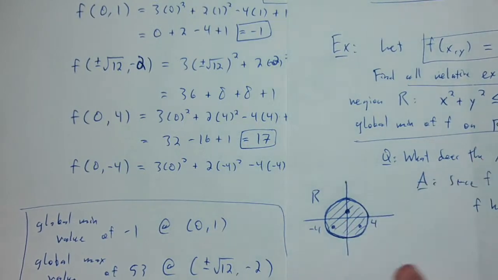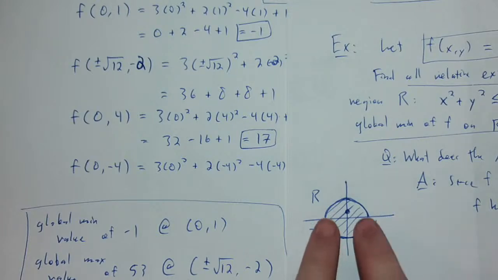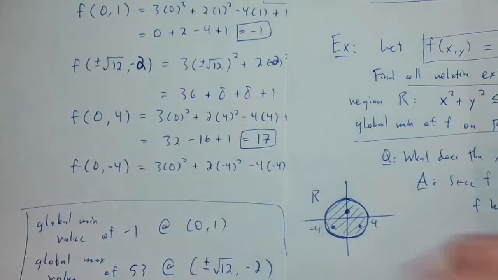So whatever the graph of my function is doing, it reaches its max value of 53 on this region at these 2 points. So above these 2 points, the graph of my function is at 53, and it gets no higher than that. So otherwise on R, it's doing whatever. I don't know what the graph of that thing looks like, but this gives you an idea of what's going on.